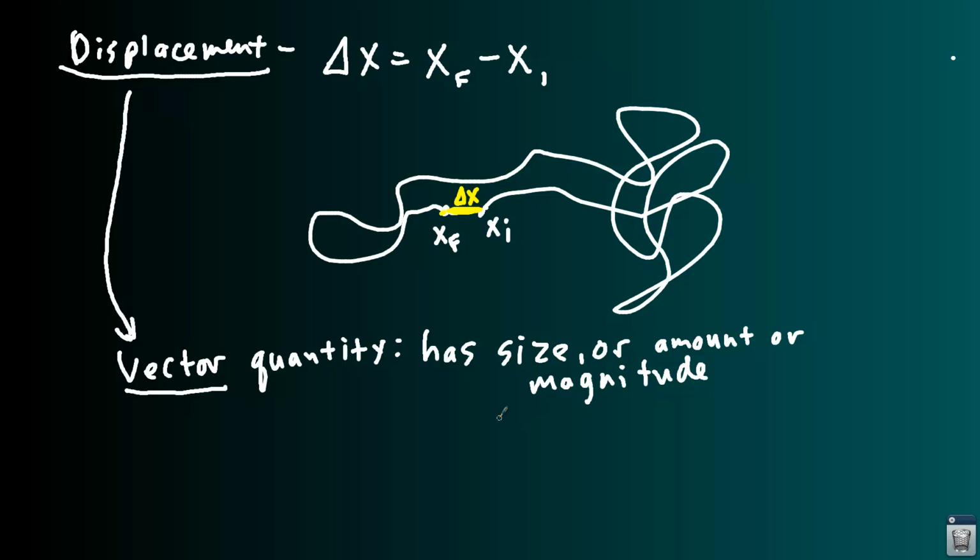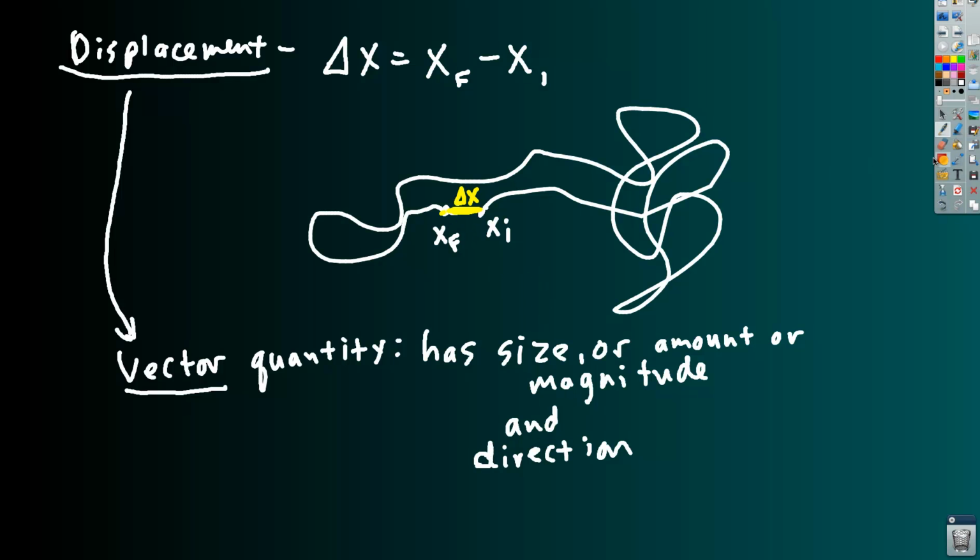In addition to that, it has direction. So, with a direction, it's useful to represent it with an arrow.